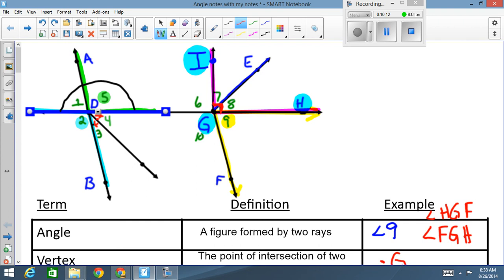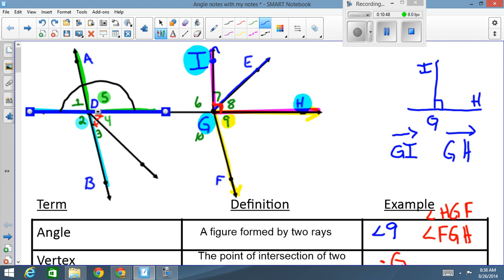If I go over to the side and show how that 90-degree angle was made up, I have point I up here, point H over here, and this is point G. There's also other stuff to the left and to the right, but if I were to name the two lines that make up this 90, I would call one of them GI, which I would have to note this way because it's an endpoint, but it goes on this way. And the other one I would have to call GH.